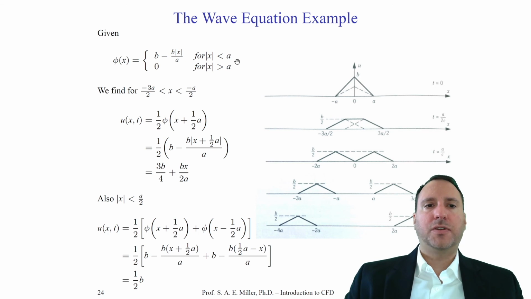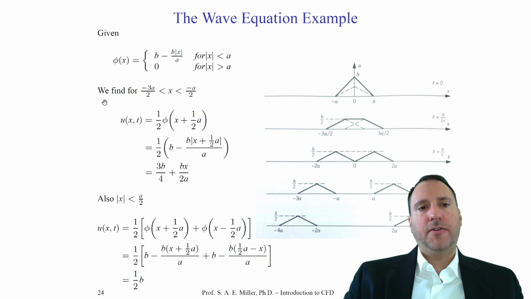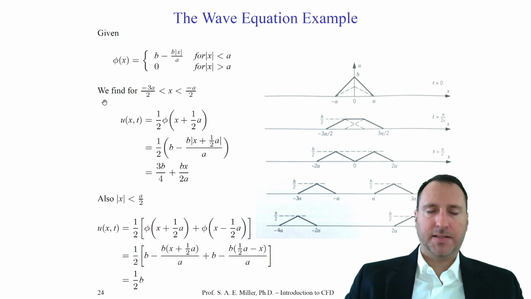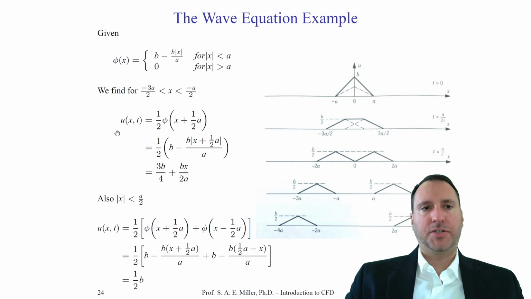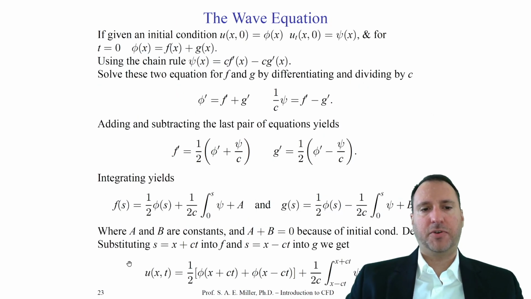You can also, of course, find the derivative of these values easily through analytical work. Now for values between negative 3a over 2 and negative a over 2, we might write our particular analytical solution from the previous equation we developed.